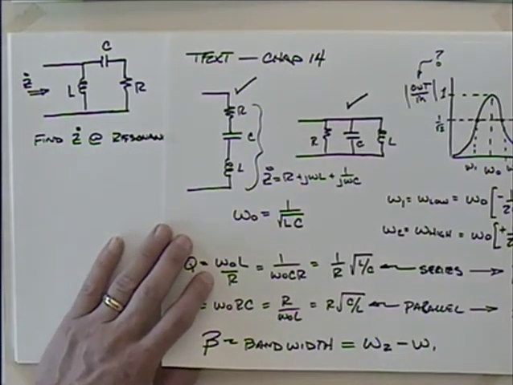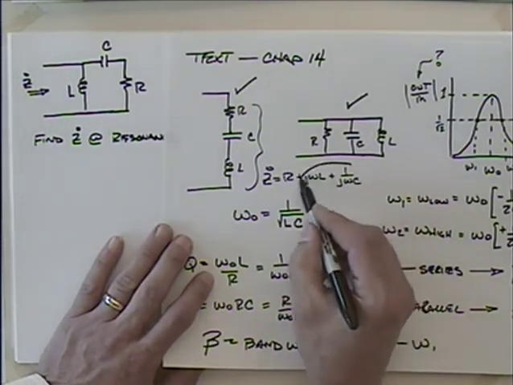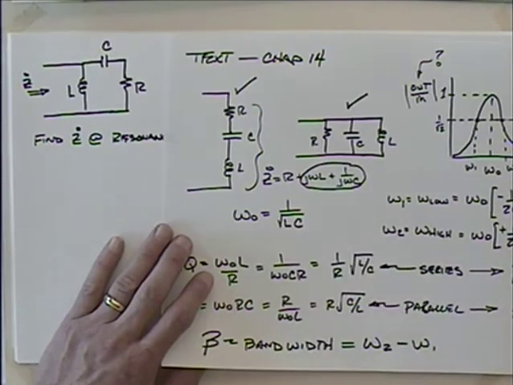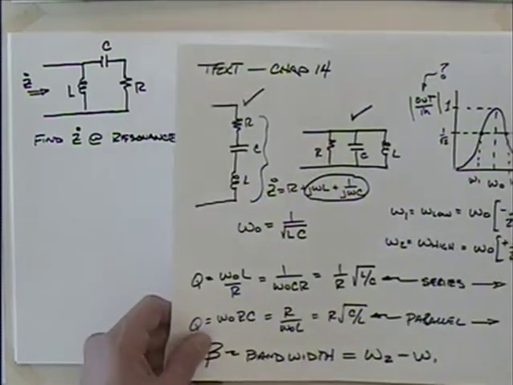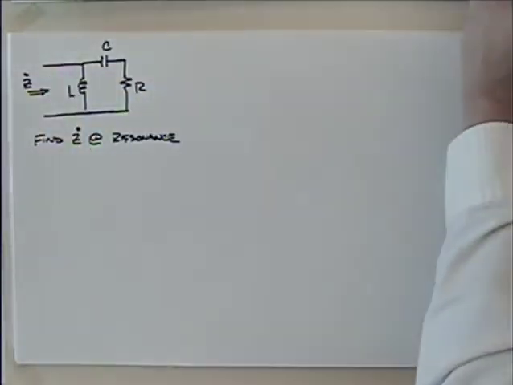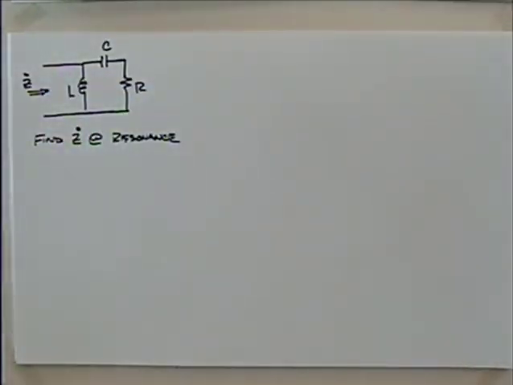And we said at resonance, we got those two to cancel out, didn't we? So this thing really just looked like a resistor at resonance. But what we'd like to do is, I guess I don't want to find the impedance at resonance. I'd like to find the frequency for resonance.